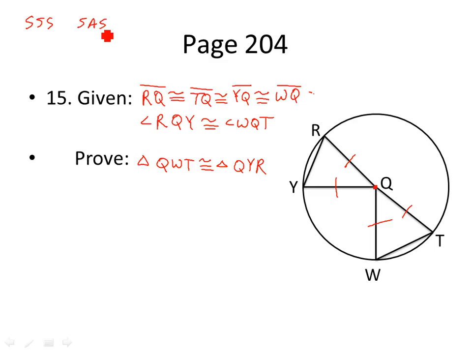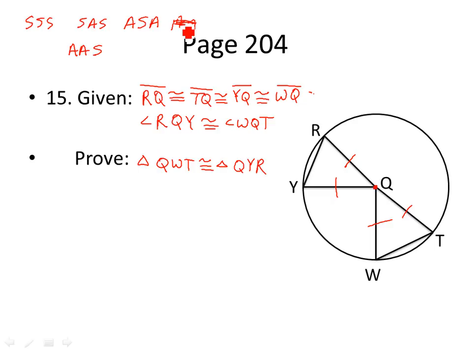Side, Angle, Side. Angle, Side, Angle. And Angle, Angle, Side. If you get too close to that thing, it doesn't want to read it. So we got those 4 things.